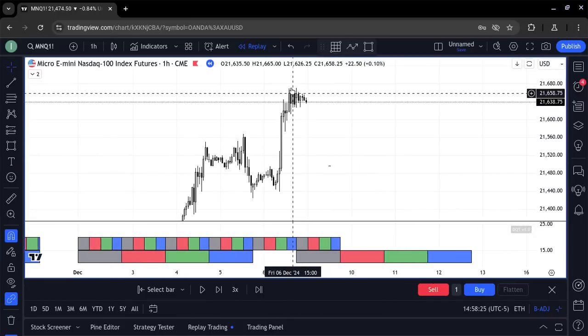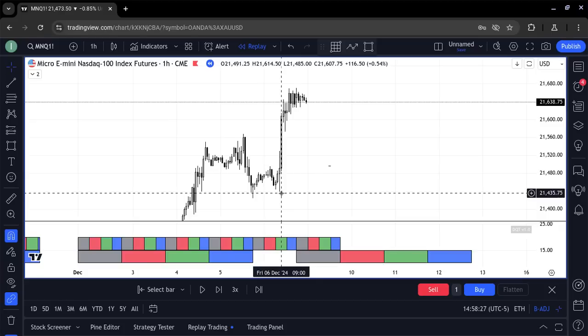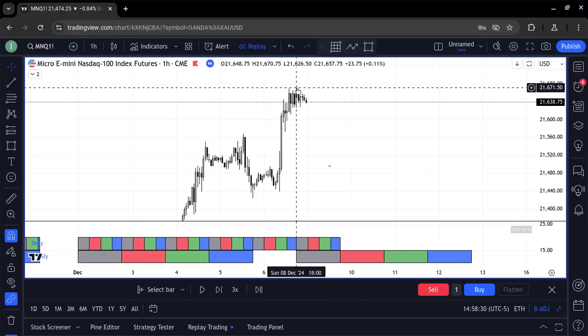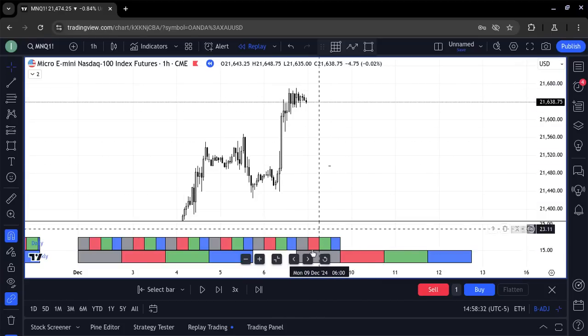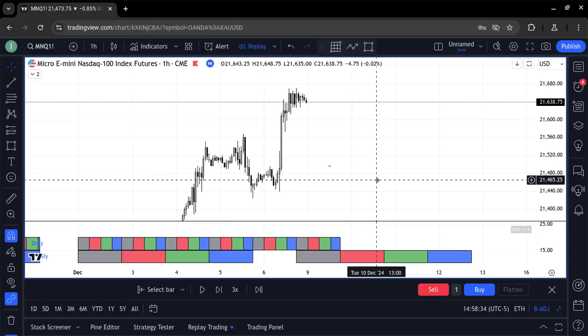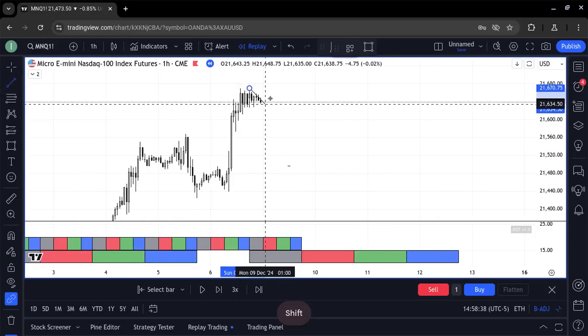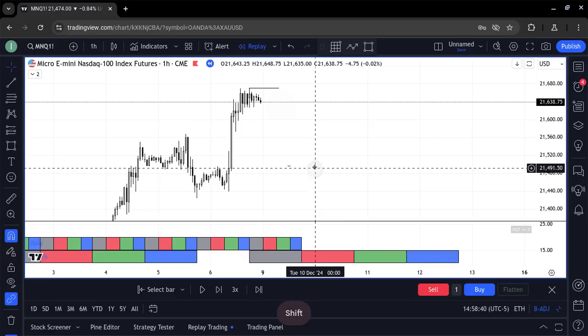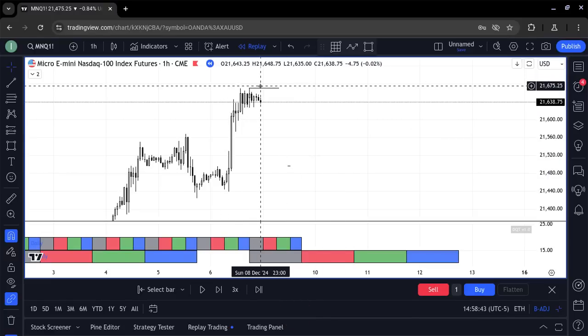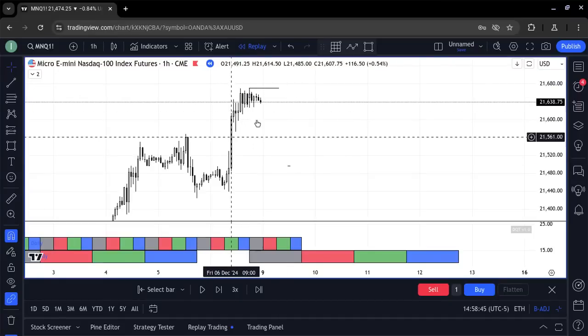So if you have Friday already established, the Friday's low and Friday's high is already established, and you want to be bearish, you want Monday to have a candle closure above the Friday's high in one asset.